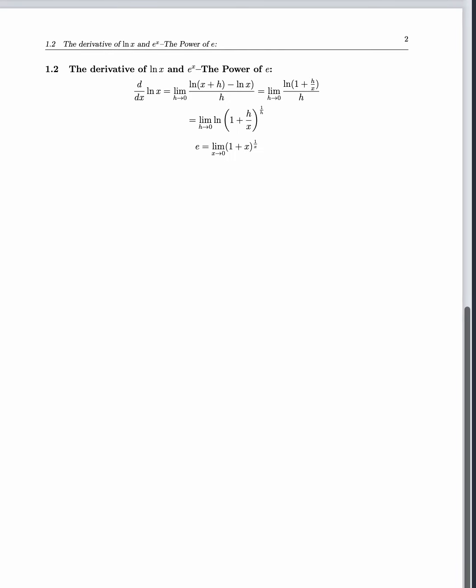We can see that the inside part looks quite similar to e, because e can be written in one of its forms as the limit as x approaches 0 of 1 plus x to the 1 over x power. This is one of the properties of e. So how are we going to utilize this to make our life easier?